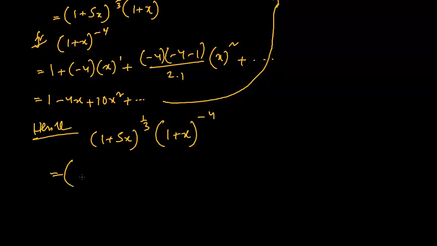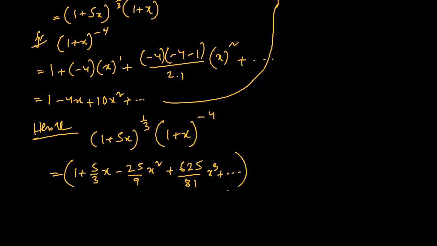So this is going to be 1 plus, we just expanded this in question number A, 5 by 3x minus 25 by 9 x squared plus 625 divided by 81 x cubed, although we don't need this, we need only up to x squared, and this is 1 minus 4x plus 10 x squared. Remember, in this expansion we need only terms up to x squared.